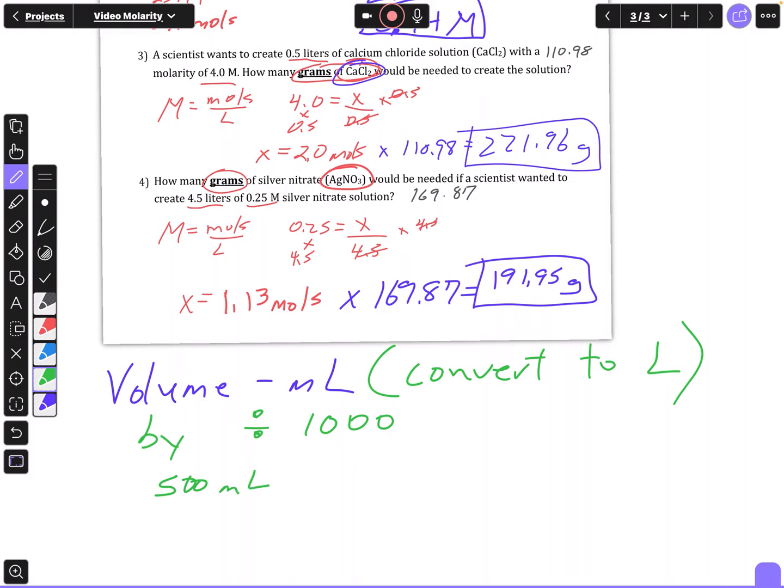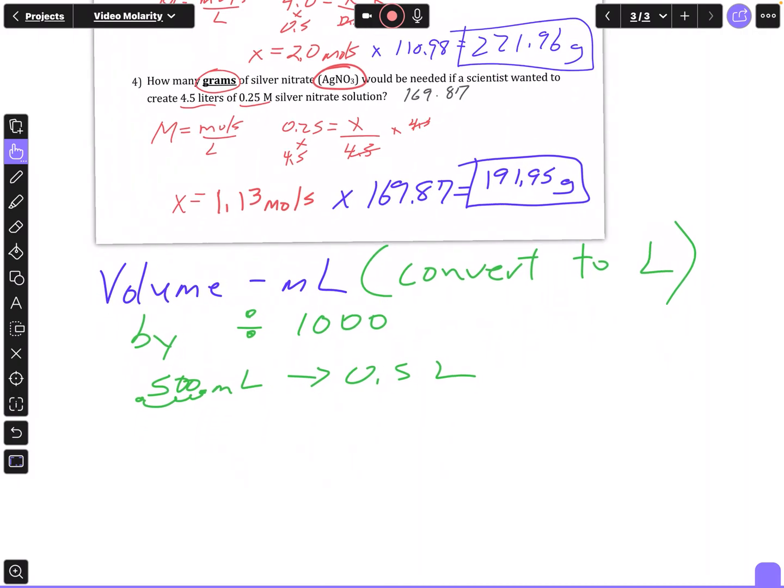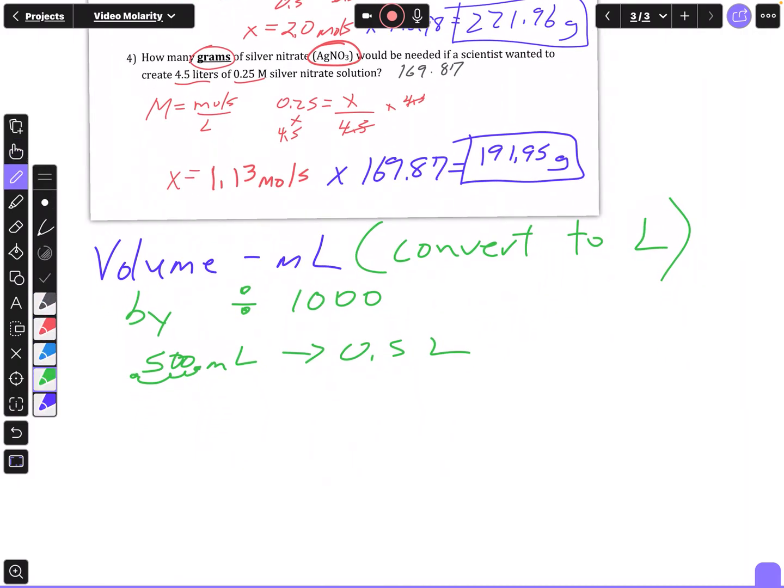I cannot work the problem with that. I need to be in liters, so to convert that, I'm simply going to move my decimal. And there's no decimal in there, so it would be at the end. I'd either divide 500 by 1,000, or put my decimal at the end and then move it over 1, 2, 3 places. And that would equal 0.5 liters. So I need to make that conversion before I work the problem.